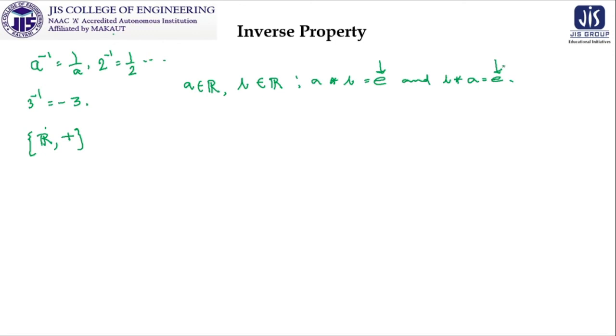So we have to take only those structures where the identity element is present. So for R with plus, we know that the identity element is 0.